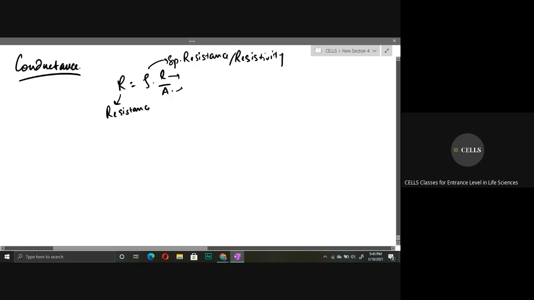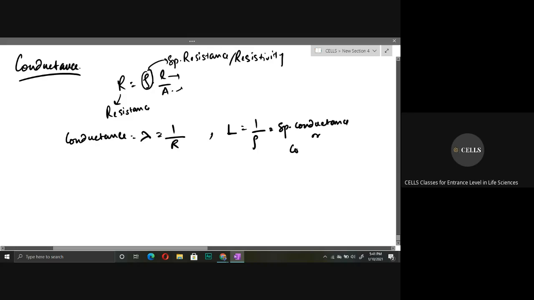Resistance will resist the flow; conductance will allow the flow. We write conductance as lambda, which is 1 by R. Rho is the resistivity or specific resistance. There is also specific conductance or conductivity. We write capital L, where capital L is 1 by rho. This is the specific conductance or conductivity.